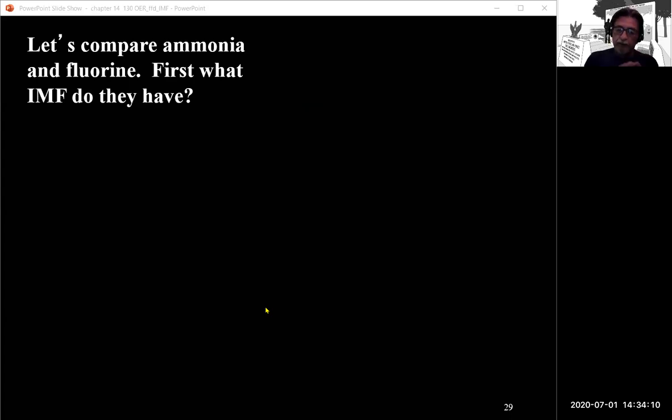So let's compare two things. Let's compare ammonia and fluorine, and we're going to determine those four physical properties. Who's going to have a higher, who's going to have a lower boiling point, etc. But before we can do that, when we compare any two molecules, and like I said, we can't give absolute values, but we can compare two different molecules and determine who's going to have the higher boiling point, who's going to have the higher viscosity, vapor pressure, and surface tension.